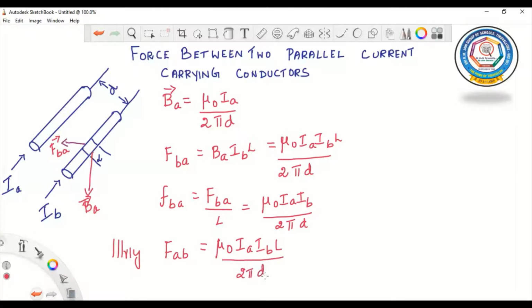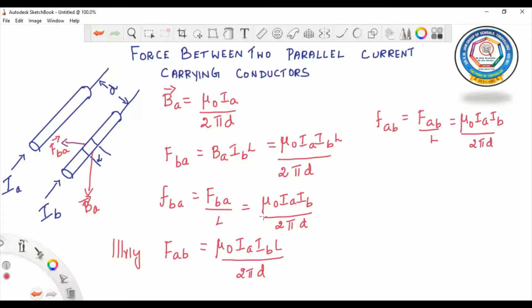So the magnitude of the force remains the same. Again the force per unit length is FAB divided by L, which is equal to mu naught IA IB divided by 2 pi d.